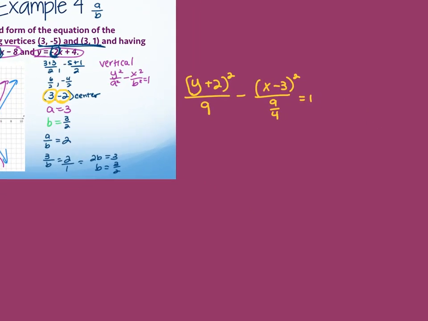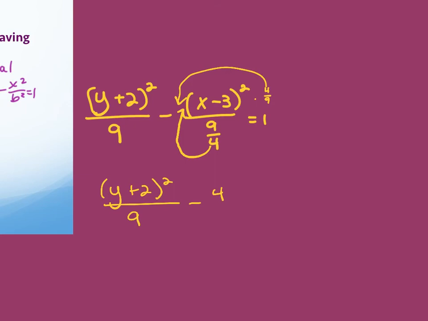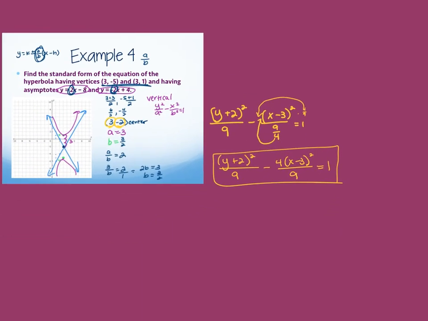Now, you cannot leave the fraction within the fraction. So if I were to multiply by 4 over 9, the 4 would go to the top. So the shortcut is just bring the denominator of the denominator to the top. So this would be y plus 2 squared over 9 minus 4 times x minus 3 squared over 9 equals 1. That's the standard form of your equation.